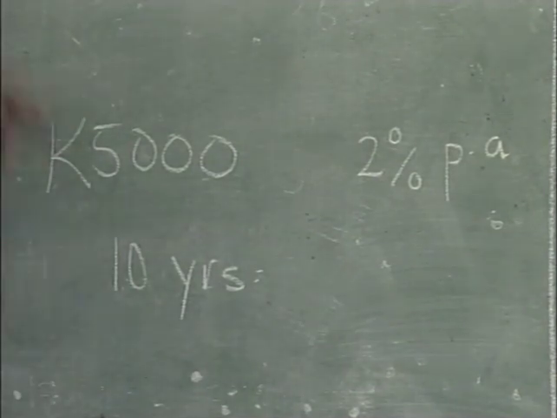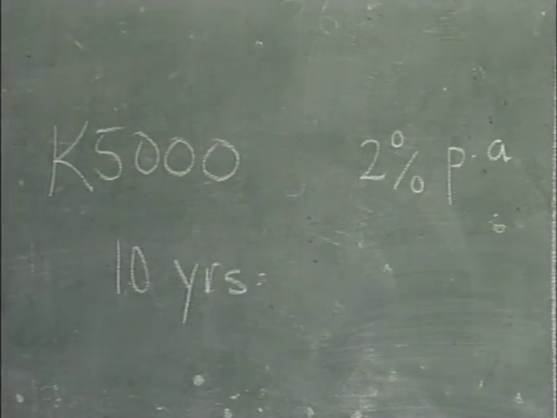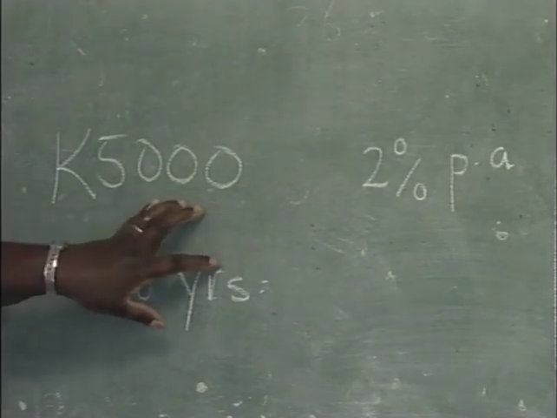Simple interest is the amount of money that I will get after 10 years when I've deposited 5,000 kina in the bank.